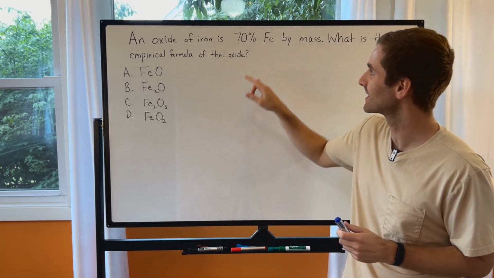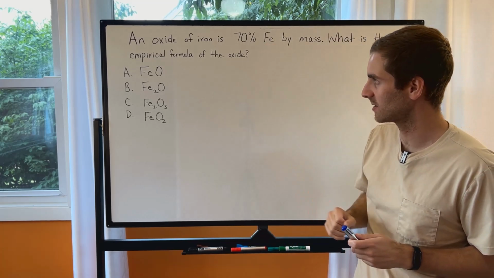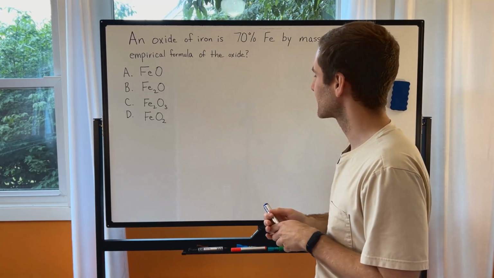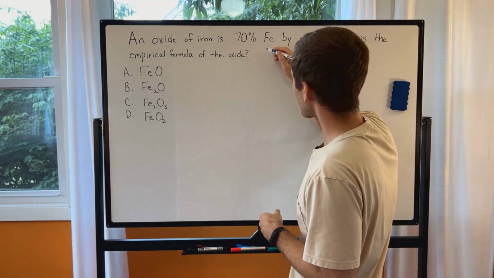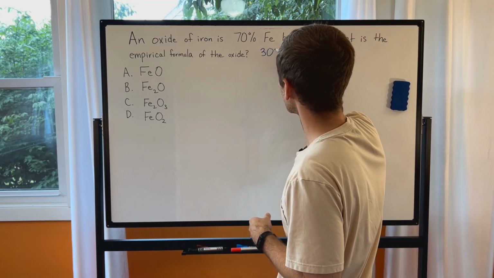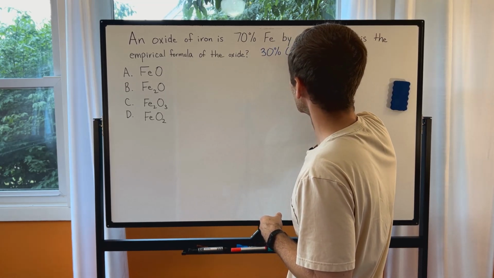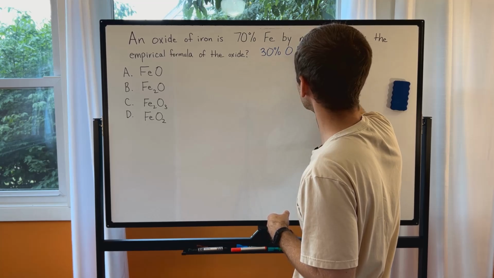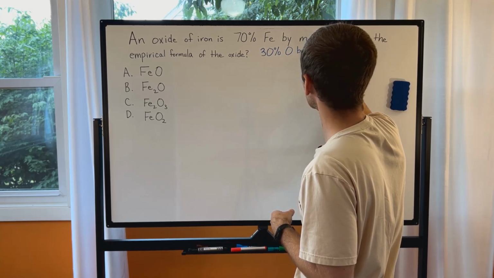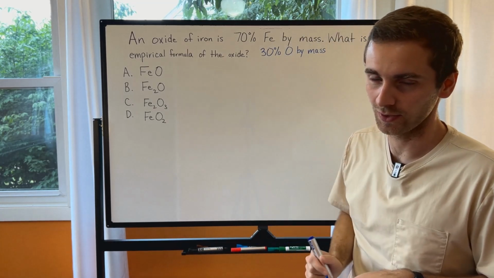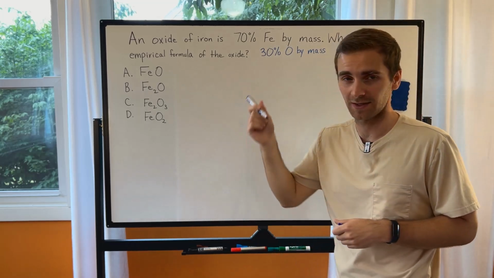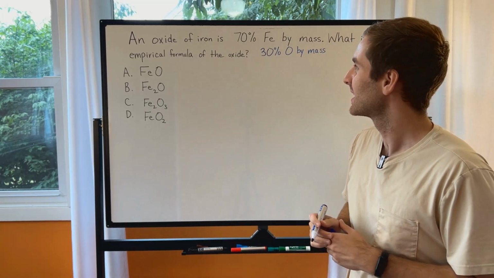They tell us that it's 70% Fe by mass, which means it's 30% oxygen by mass, since these are the only two elements in the compound. They need to add up to 100%.